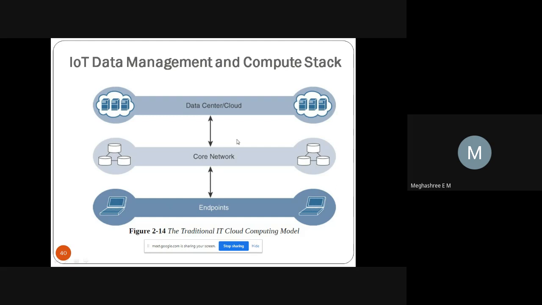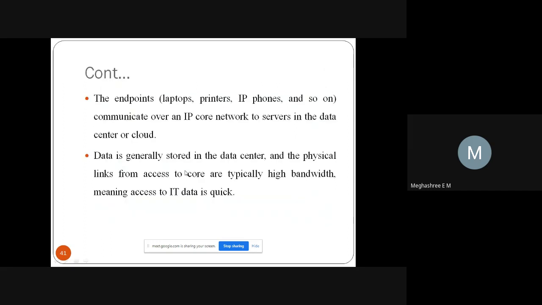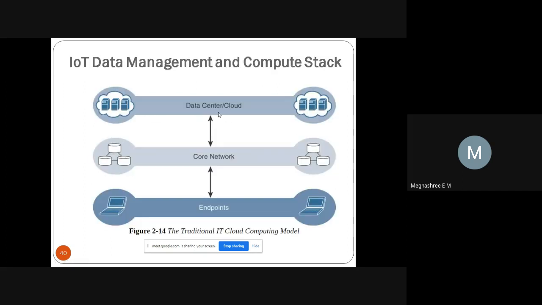And then the data will be transferred to the cloud or data centers where data will be stored and processing will happen. This is the architecture or model that is followed initially, which includes only three layers. So always data processing happens at the cloud, right? This is the traditional model.